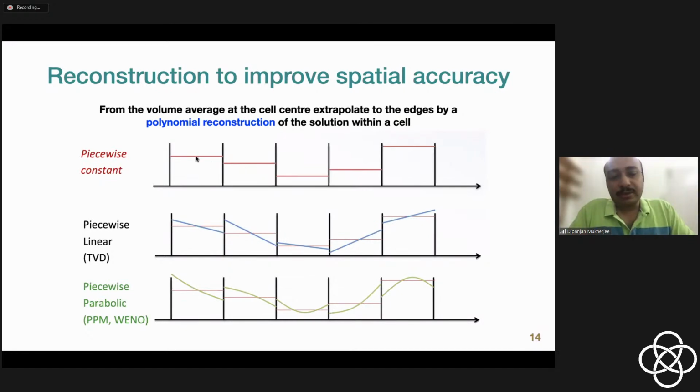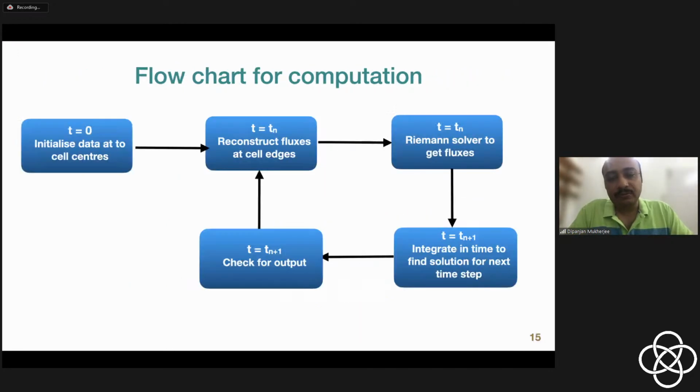Now, as I told you, the Riemann problem requires you to evaluate the fluxes at the cell interfaces. So if you have a density value here and a density value here, you can always interpolate the density from here to here, and similarly from here to here, right? So this is what you're doing. We reconstruct the density, assuming some reconstruction polynomial, to the cell interfaces. Now, once we have the value left and right of a given cell, we can then solve the Riemann problem and get the solution of the Riemann solver.